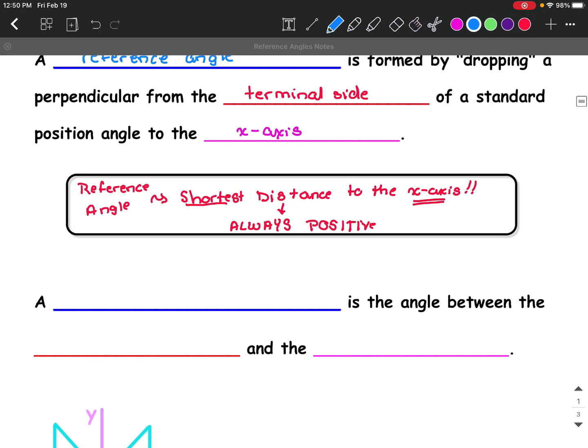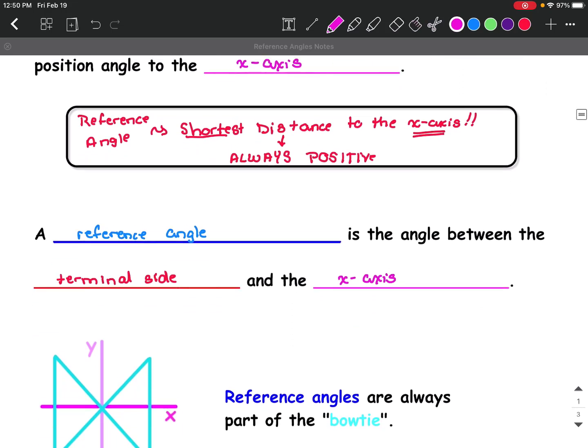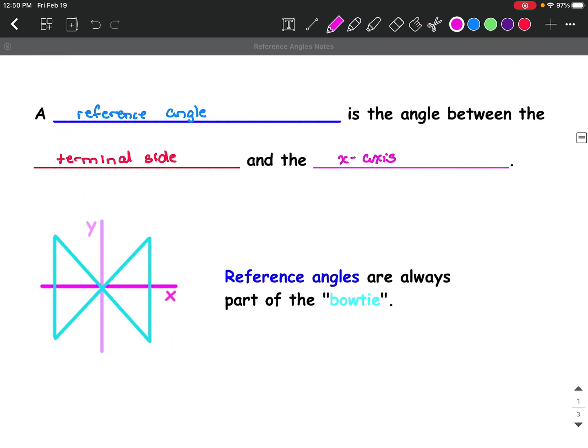So another thing to say is a reference angle is the angle between the terminal side and the x-axis. Now there's something here called the bow tie, and this is just a little picture.